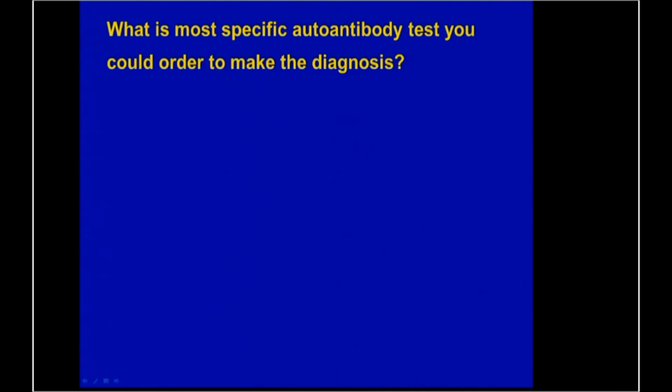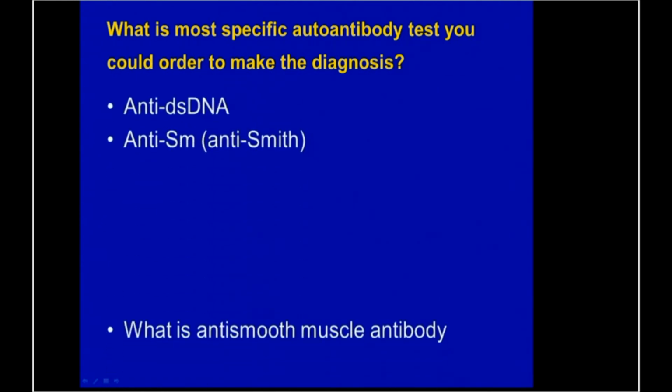Number one is anti-nuclear antibody. Is that right? No, that's the wrong answer. Double-stranded DNA, and what is the other one? Anti-Smith. Okay, so these are the two: anti-double-stranded DNA and anti-Smith.